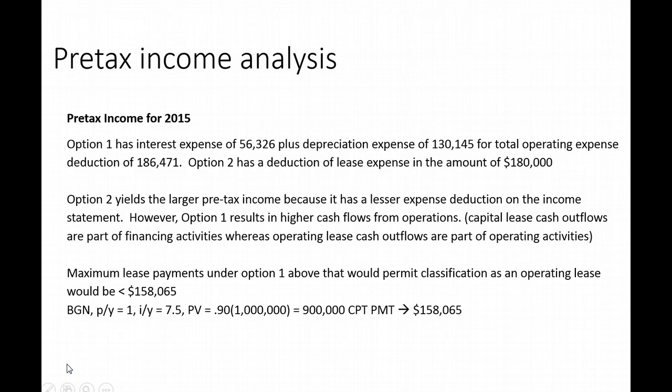And so what I want you to do again here is hit pause, get your financial calculator out, and now the search is not for the present value of the cash flows. Instead, we're going to target 90% of fair market value and figure out what those cash flows would have to be. Once you've hit pause, done your calculation, we'll come back and we'll see if you can come up with the same $158,000.